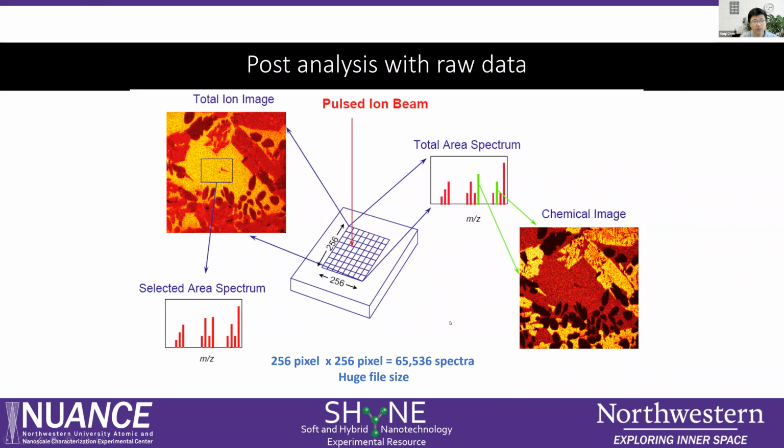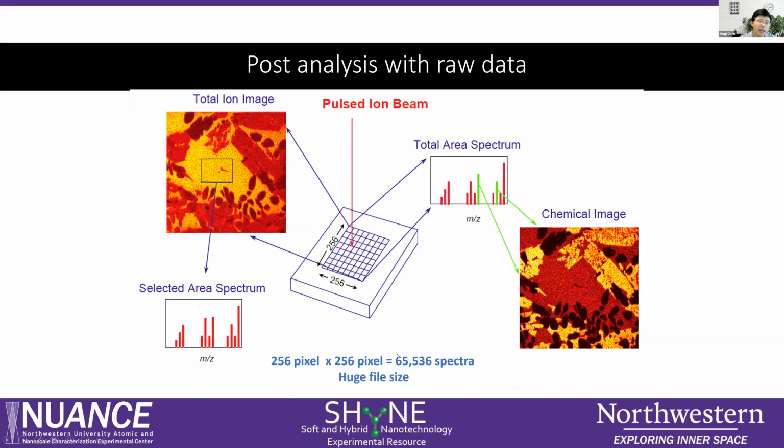Each pixel has at least one spectrum. Of course, you can change that: each pixel you can collect 2, 3, 5, or 10 spectra, but it will take a longer time.